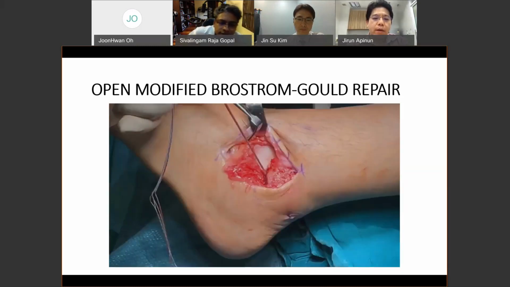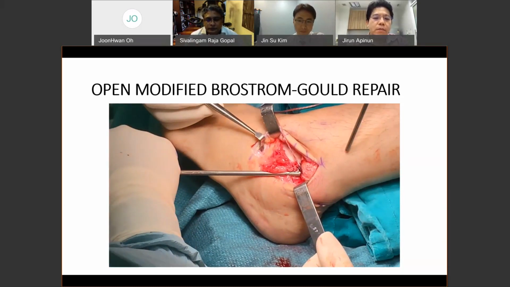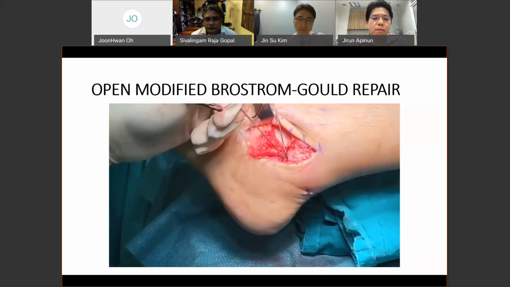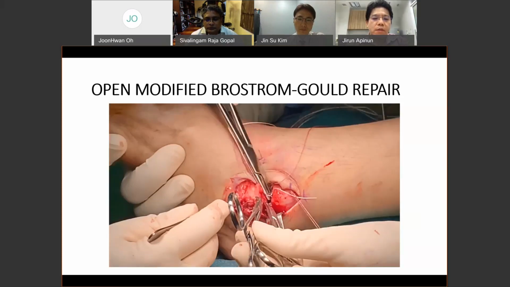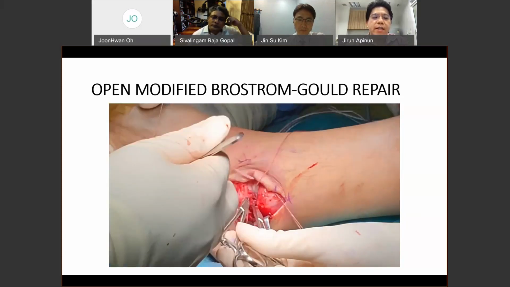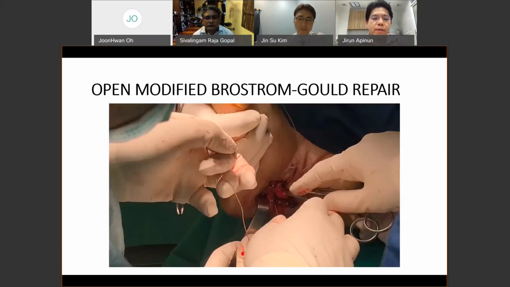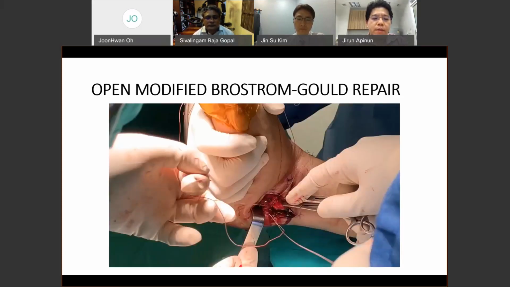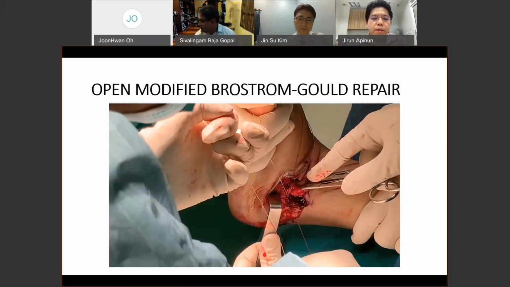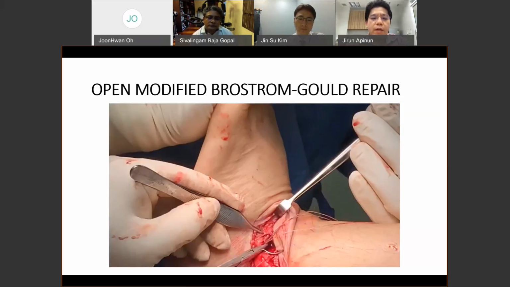Try to replicate the ATFL and CFL. Then we set the position of the ankle, tighten the ligament, and suture it back to the insertion. Then reinforce it with the extensor retinaculum.